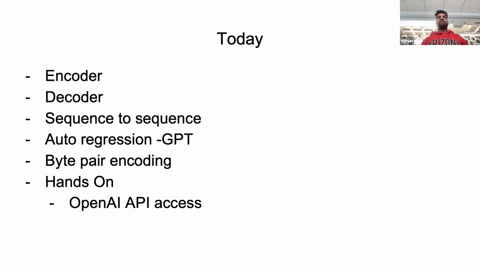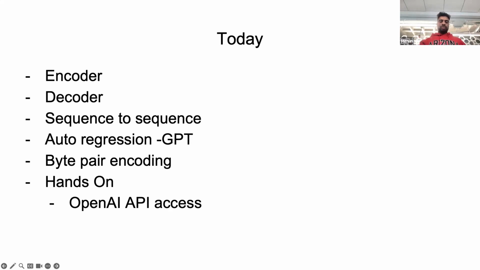And then we will have a hands-on where we will try to access the OpenAI API. OpenAI is, of course, the company which created GPT. We will access it through an API or an interface from Python code, so that you don't have to always go to ChatGPT, but you can use it on your data sets.